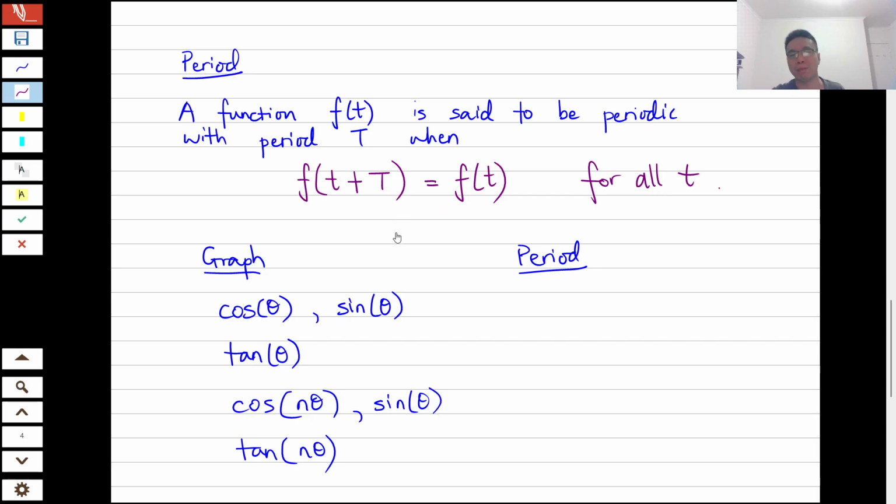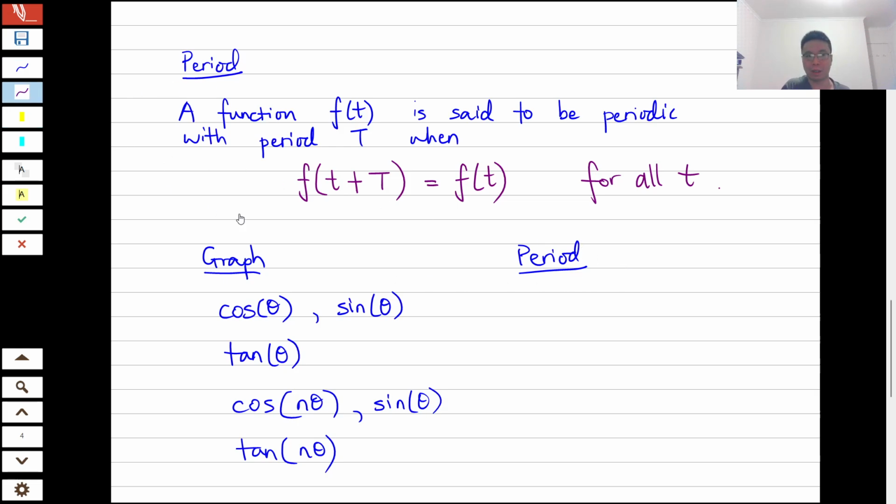Note that a graph can have more than one period, but there will always be a smallest period. And that's called in some books the fundamental period, and that's what I'm talking about in this context. So we're concerned with the smallest possible value of capital T. There may be larger ones, but the smallest possible choice is what I'm going to call the period.